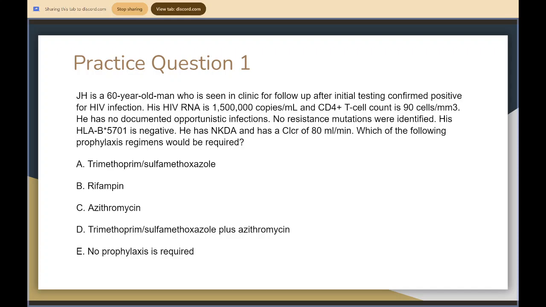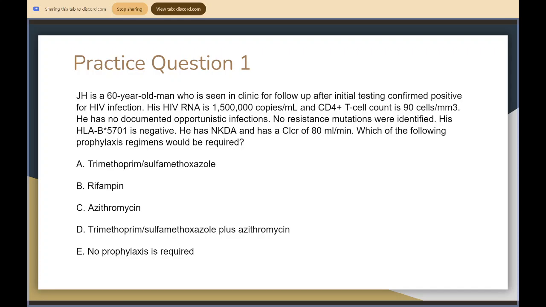Practice question 1. JH is a 60-year-old man who was seen in clinic for follow-up after initial testing confirmed positive for HIV infection. His HIV RNA is 1.5 million and CD4 T cell count is 90 cells. He has no documented OIs, no resistance mutations were identified.